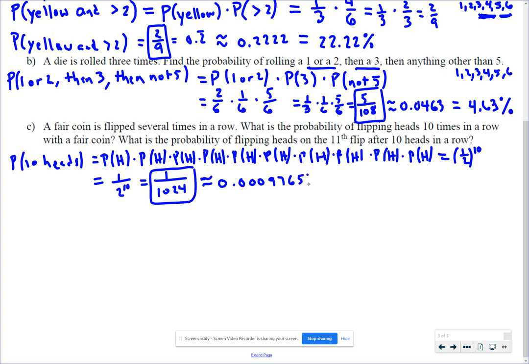I think I'll change it to a percent as well.